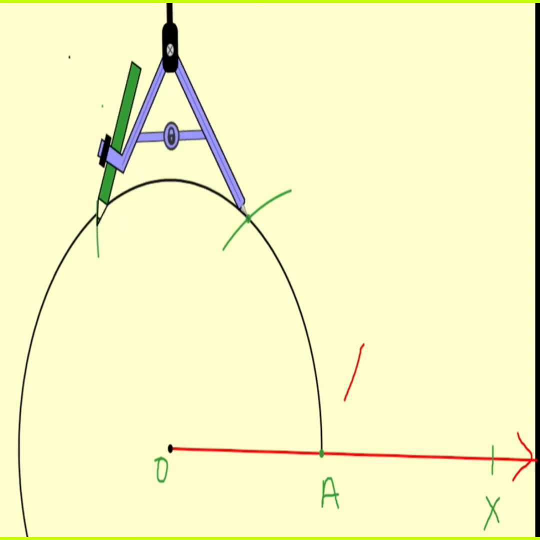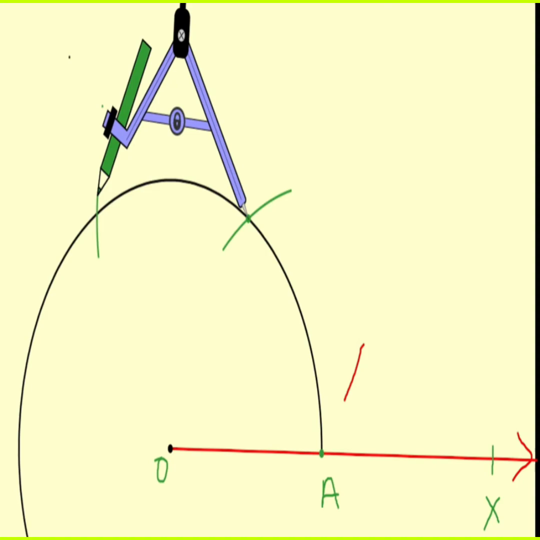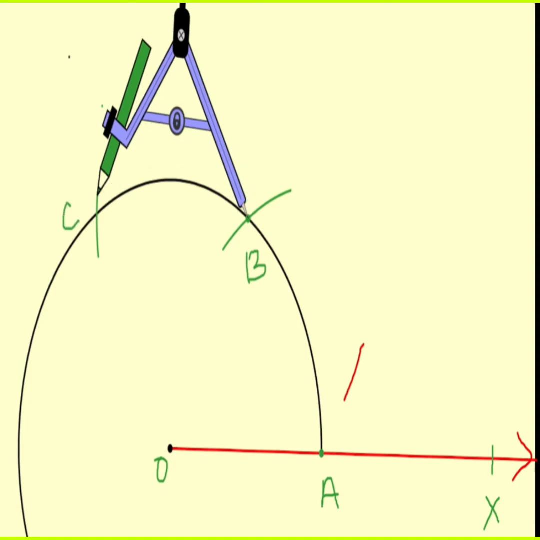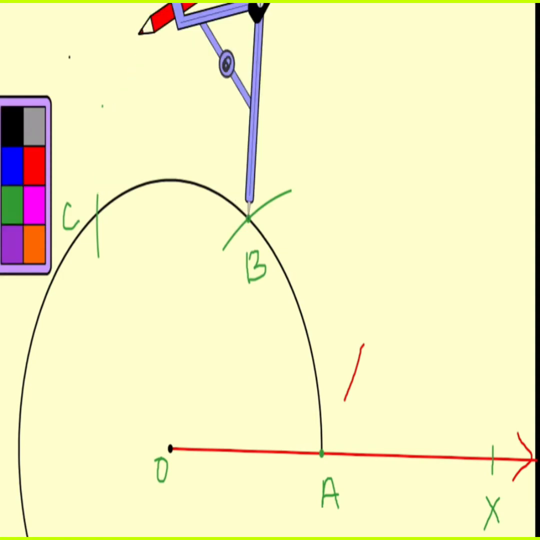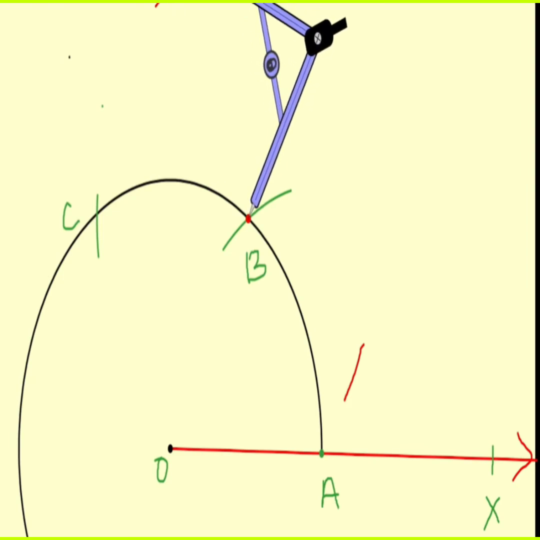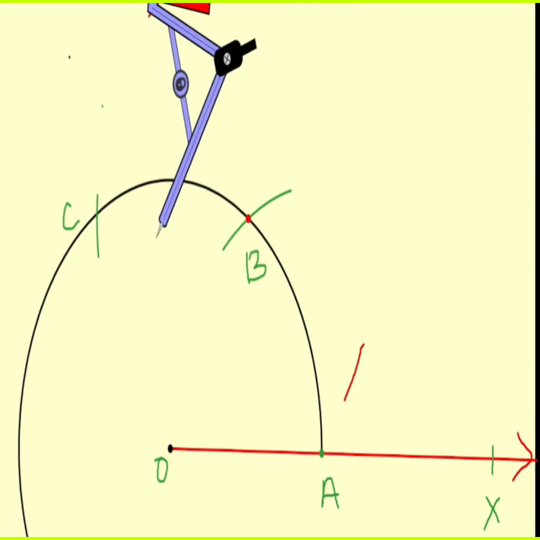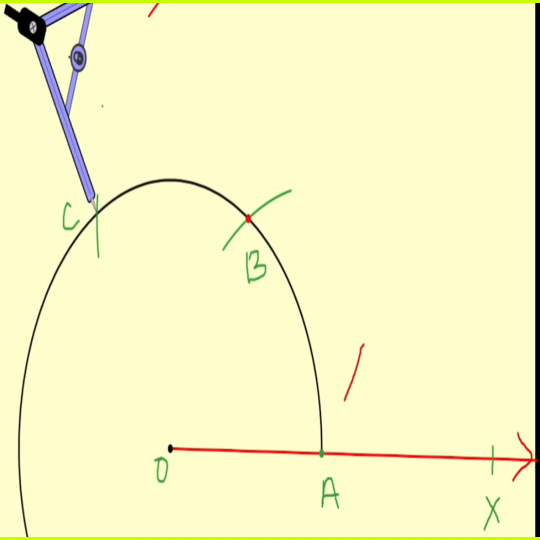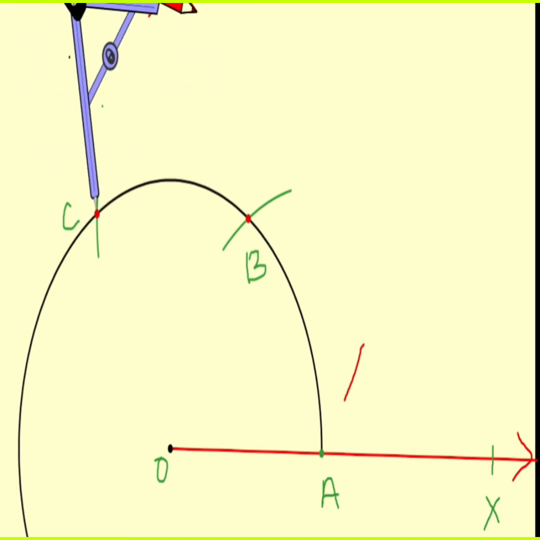Let this point be B and this point be C. You will place the pointer at B and draw an arc between these points B and C, and again placing the pointer at C, you will draw one more arc.